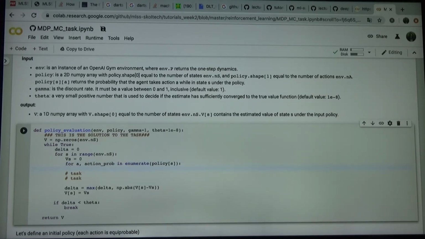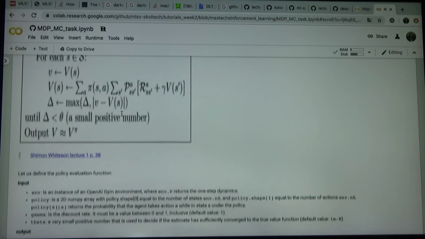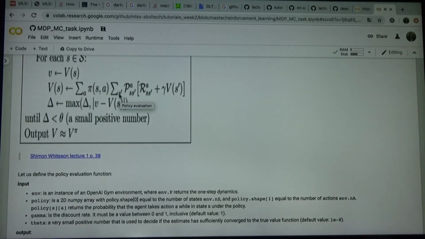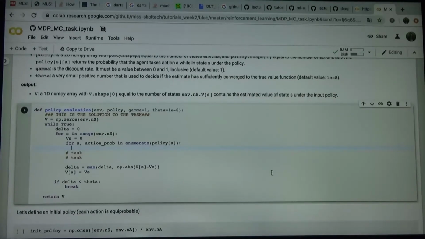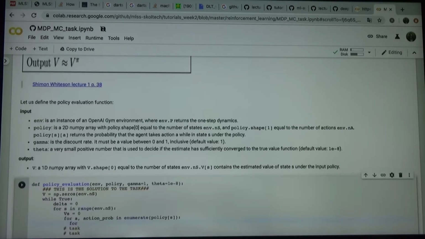Then let's go through our transition probability function. So let's get the next state, we already have the state we're currently in, and let's get the reward, and the probability of us getting into the next state. The first one is the probability.